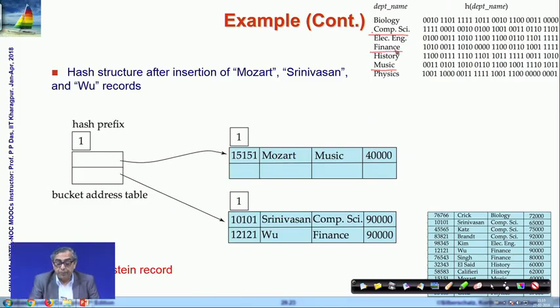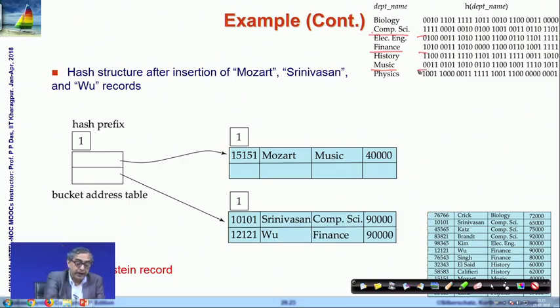Now, if you look into the prefixes of their hash values, you can see that their hash values are 1, 1, and for music it is 0. Right.